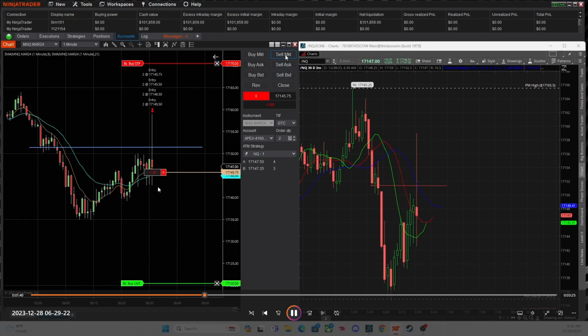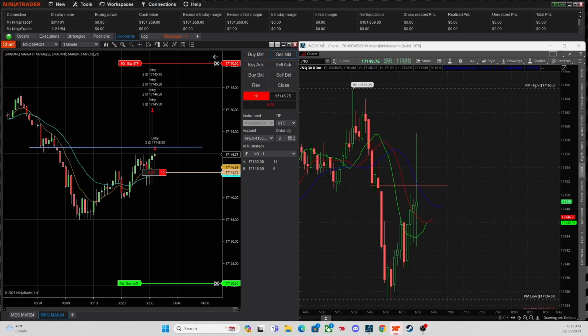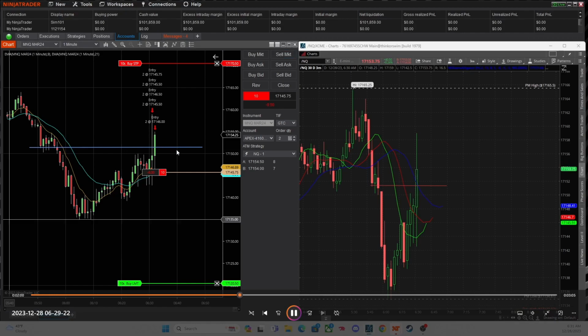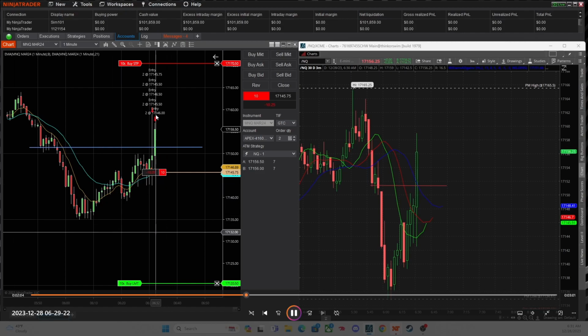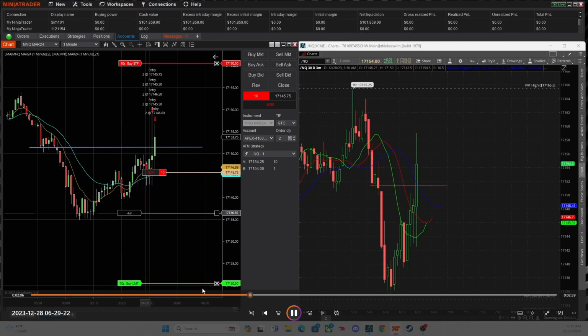So I enter here and I ride it down to pre-market low, which is at 17,134, and my price that I got is 17,145. So that's about an 11 point profit. And I wish I did enter again, because this just shows me that sellers are just trying to get a better price for the move down.